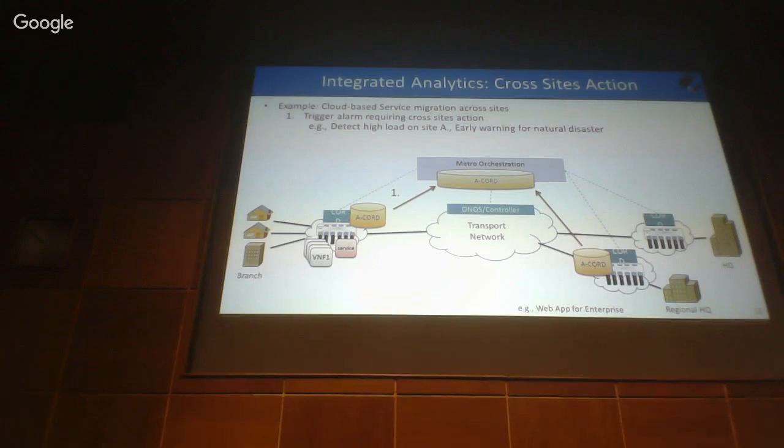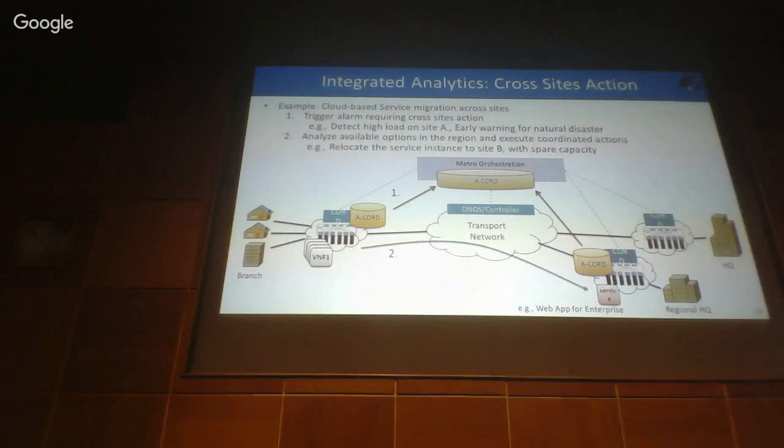Can I move it somewhere? And if so, can I move it anywhere, or does it need to be at the other edge of my connection, or does it need a specific location? That's really the kind of feature that we're integrating right now with ACORD, to not just understand what's going on, but to take these cross-site actions.